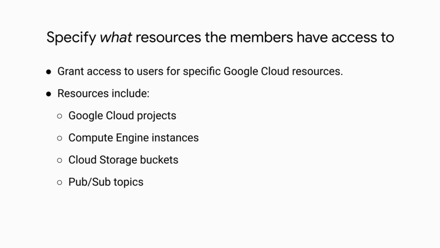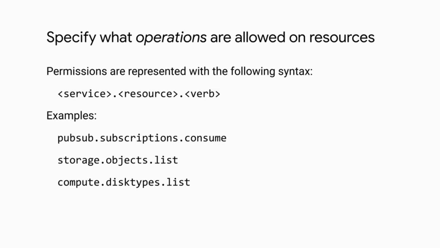You can grant access to users for a Google Cloud resource. Some examples of resources are projects, compute engine instances, and cloud storage buckets. Permissions determine what operations are allowed on a resource. In the Cloud IAM world, permissions are represented in the form of service, resource, verb. For example, pubsub.subscriptions.consume.